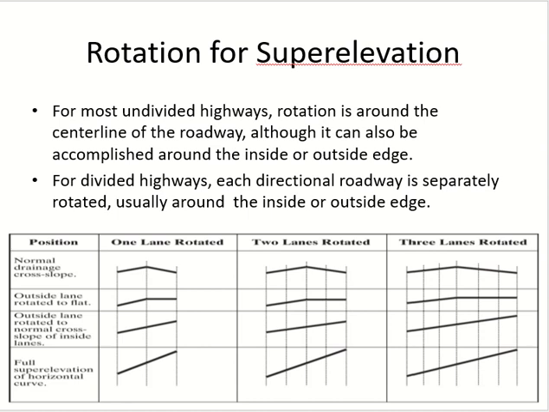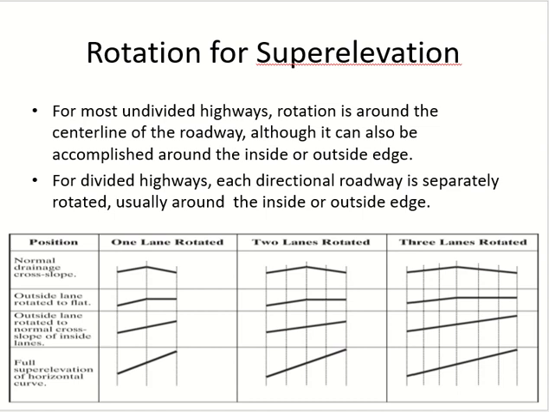Now, this process of going from normal crown to super elevation is called rotation for super elevation. And rotation can happen in three different ways.